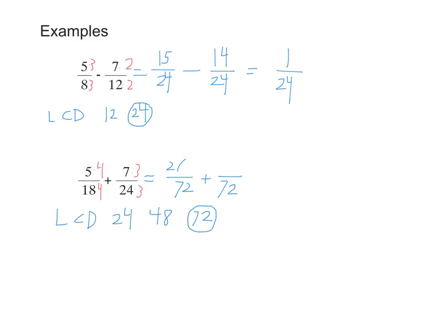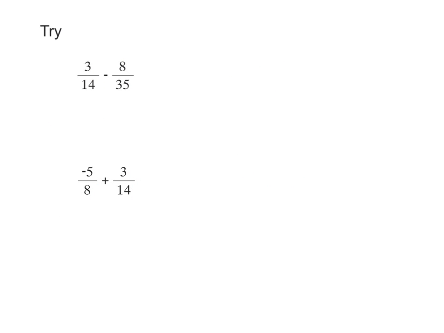So I have 20 over 72 plus 21 over 72, which is 41 over 72. Now you try these two examples. Stop the video, try it out, see if you can find those common denominators, create equivalent fractions, and then subtract and add the problems.